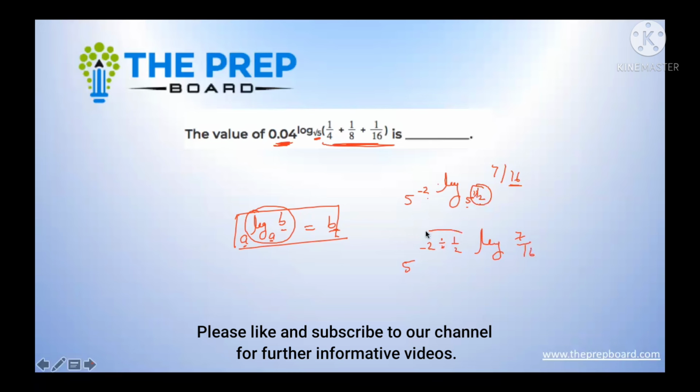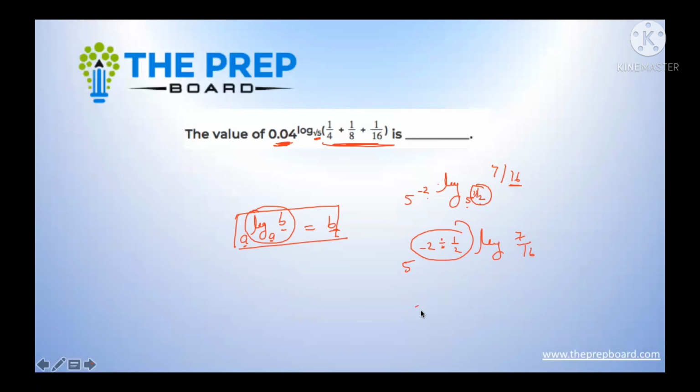When we convert this division into multiplication, this becomes 2 upon 1, and we get 5 raised to minus 4 log base 5 of 7 upon 16. We can shift this power to here.